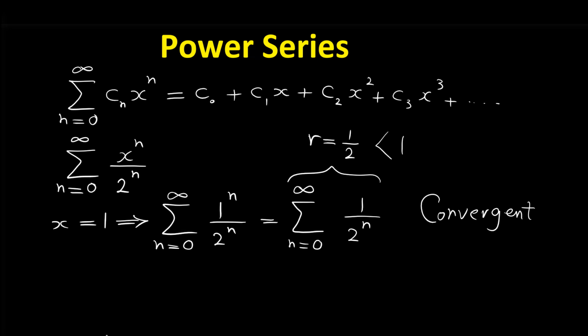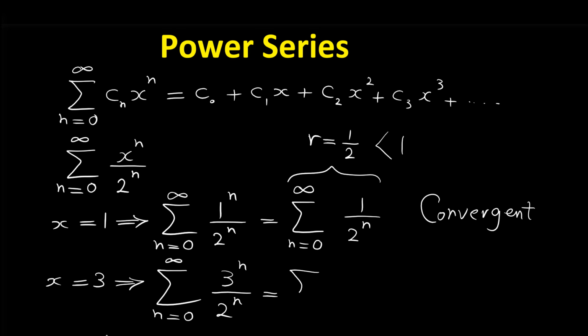But for example, if we put x equals 3 in this power series, we get sigma n from 0 to infinity 3 to the power of n over 2 to the power of n, which we can rewrite in the form of sigma n from 0 to infinity of 3 over 2 all to the power of n.